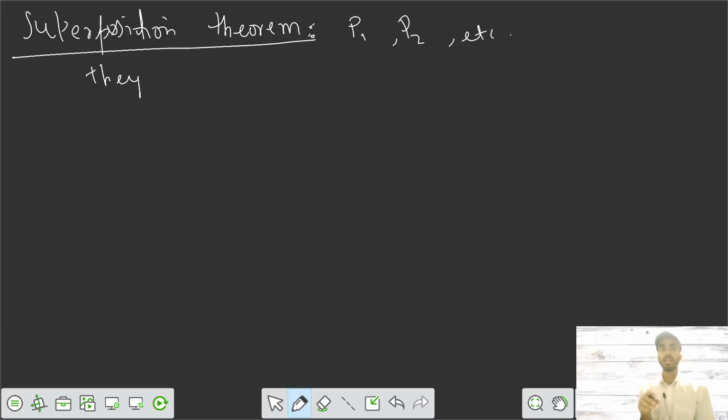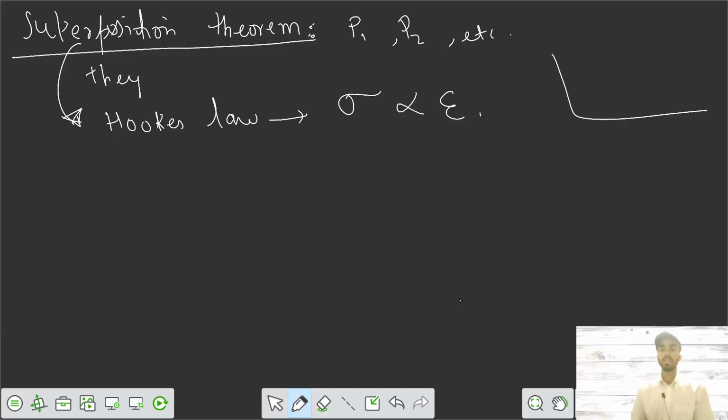Then we say that for superposition to be valid, there have to be some criteria. The criteria for the superposition theorem to be valid is that the material has to follow Hooke's law. That is, stress should be linearly proportional to strain, as in this initial portion. That is, the loads have to be within the elastic limit.